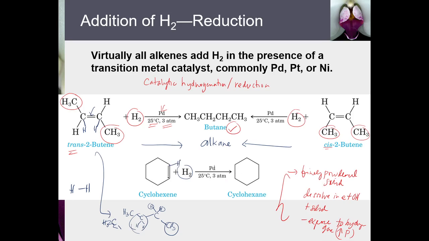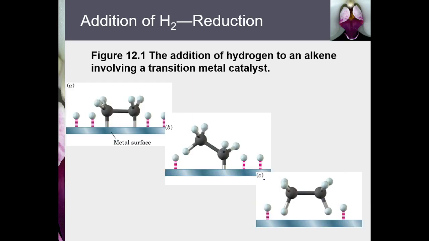The hydrogens will attach there, and in the end the double bond disappears. As I told you, in interpreting line angle formulas, every corner has a carbon with two hydrogens attached. So your cyclohexene after the hydrogenation reaction will become cyclohexane.